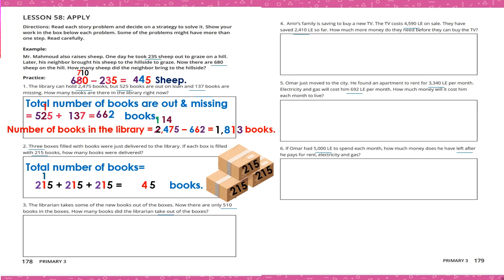And the last, hundreds with hundreds, 2 plus 2 plus 2, 6. So the total number of books in the 3 boxes equals 645 books.